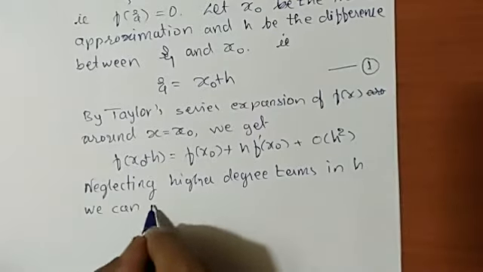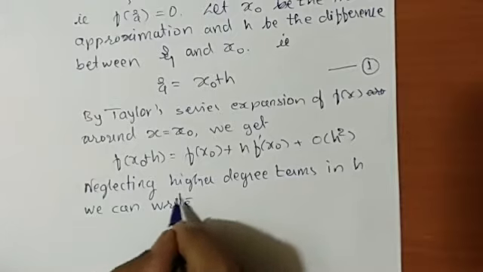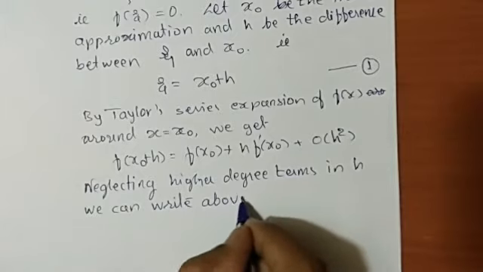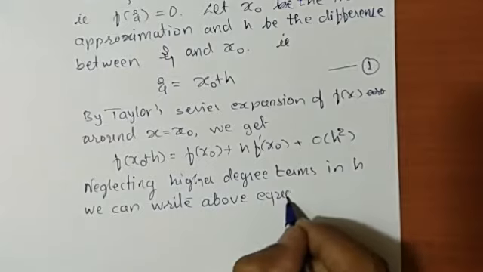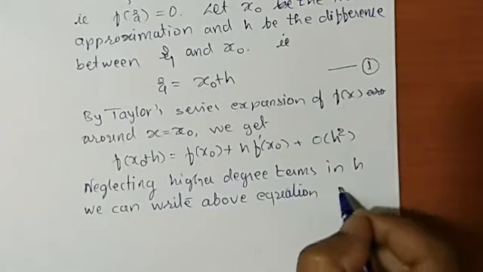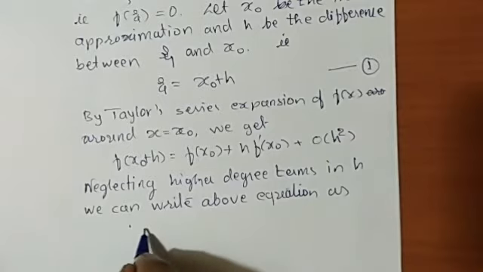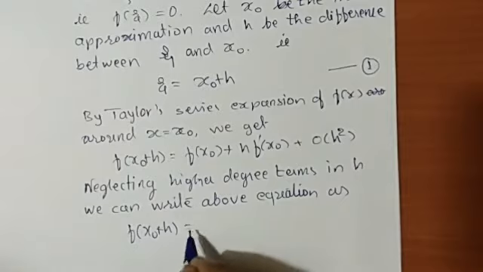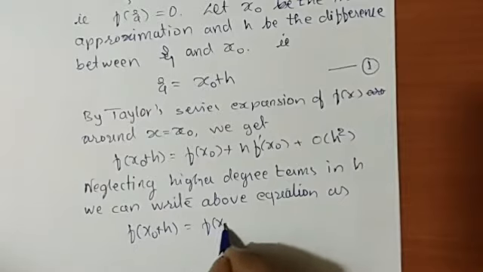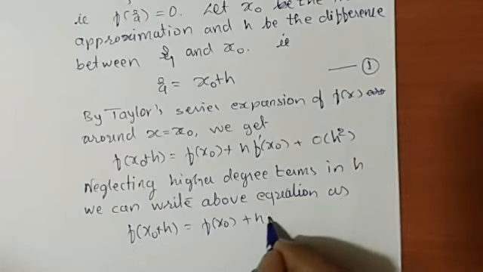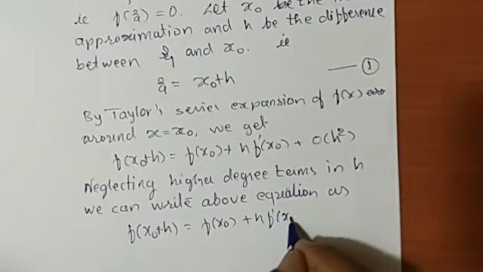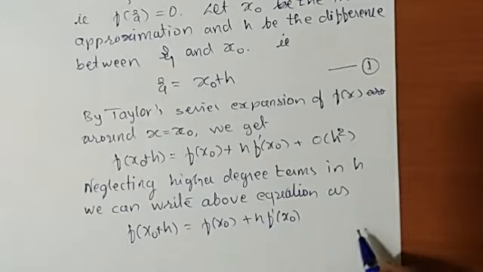We can write the above equation as f of x naught plus h is equal to f of x naught plus h times f dash of x naught.